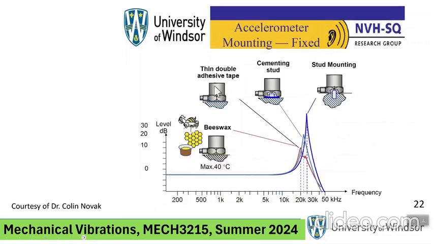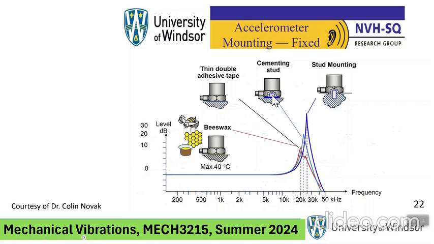Now, any transducer will have a data sheet associated with it, and the data sheet gives you graphs like this, and actually tells you what the natural frequency of it is, depending on the type of mounting of the transducer and the base where it's supposed to measure something from. It can be, for example, beeswax, okay, just something very sticky between the surface and the transducer.